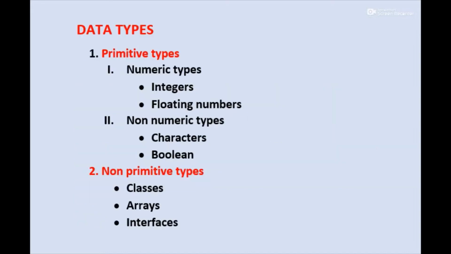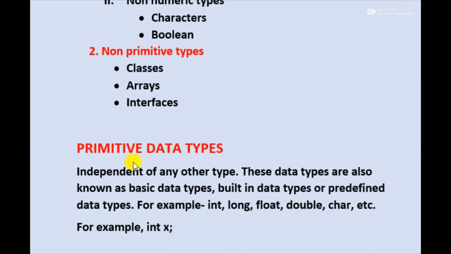Next is types of data types. Data types are categorized into two categories. The first one is primitive types and the second one is non-primitive types. The first one is primitive types. The data types which are independent of any other type are known as primitive data types. These data types are also called basic data types.